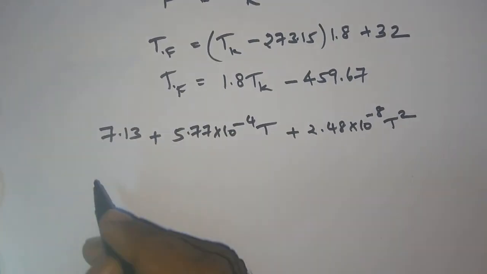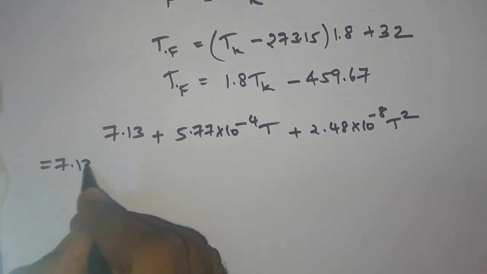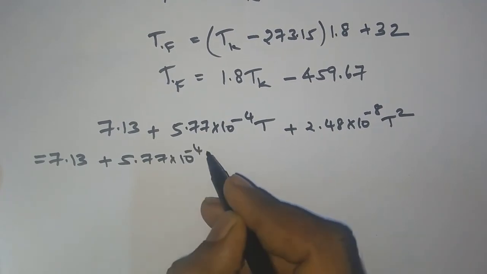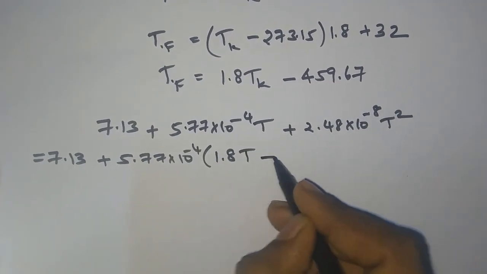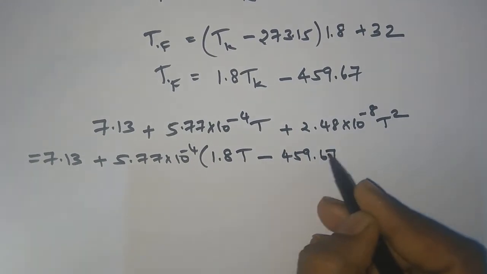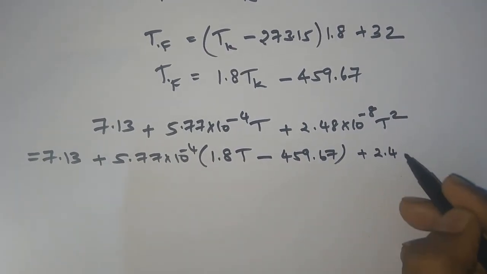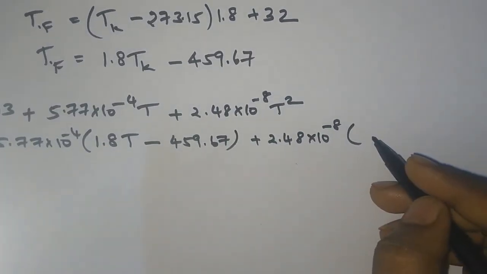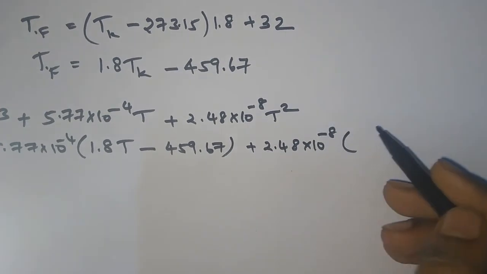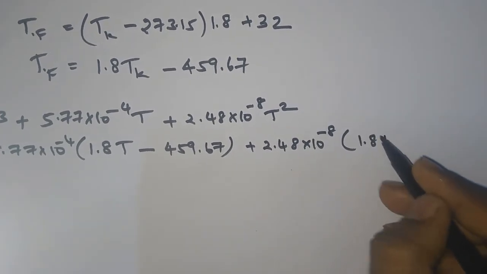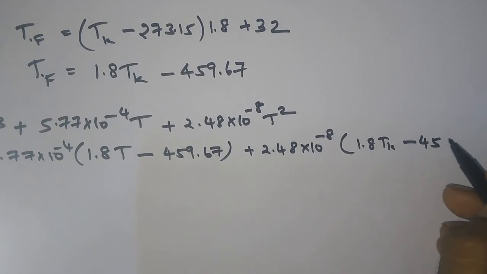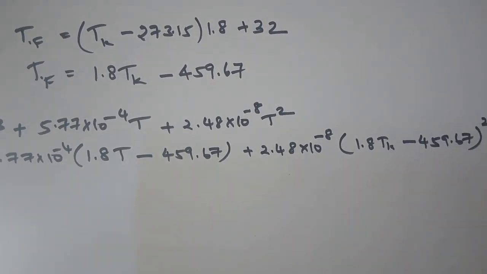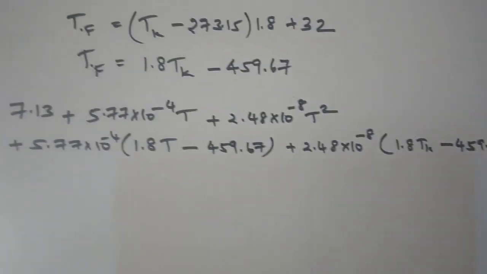So this is equal to 7.13 plus 5.77 into 10 power minus 4 into (1.8 T minus 459.67) plus 2.48 into 10 power minus 8 into (1.8 Tk minus 459.67) whole square. Now we have to simplify this.